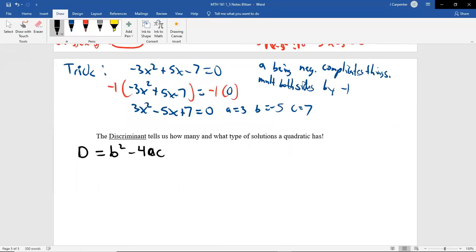So if I ask you to describe the solution types, that's not me asking for the solutions. Now solving it, you could describe the solution types with the solutions, but a lot of people mess up doing that. So when I ask you, what are the solutions like? Are they real? Are they imaginary? Are they conjugates? Is it 1? Is it 2? That's when you go to this thing. There's 3 cases to this.